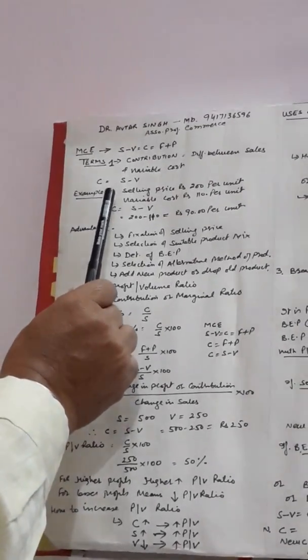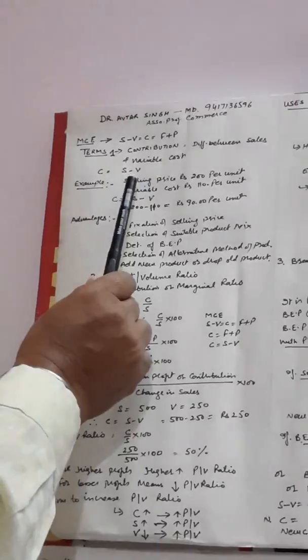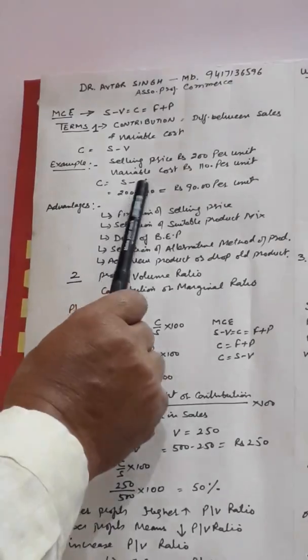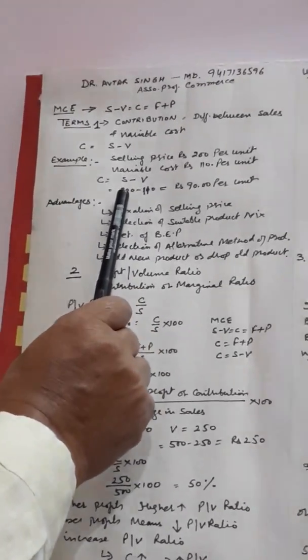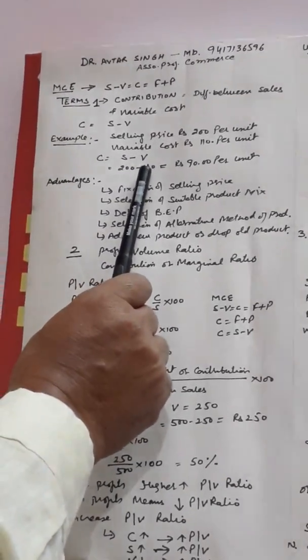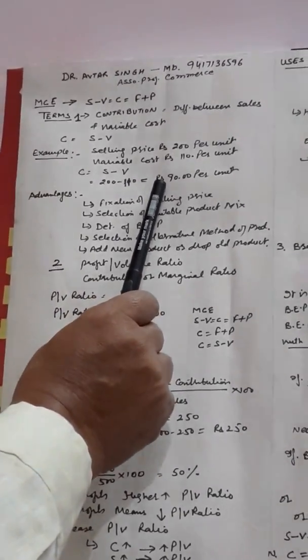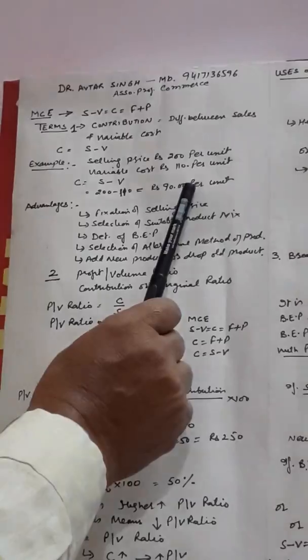Example of contribution: suppose selling price is rupees 200 per unit, variable cost is rupees 110 per unit, then contribution will be S minus V. S here is 200 rupees minus variable cost 110, then contribution per unit will be 90 rupees.